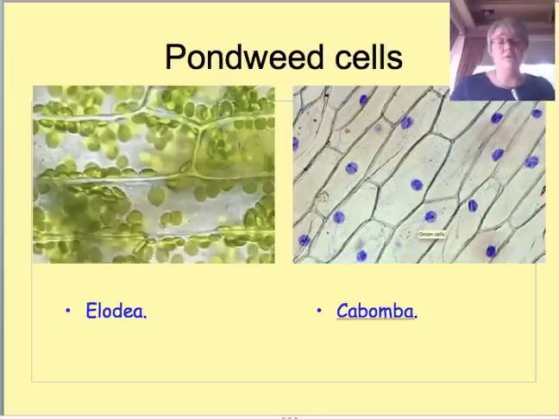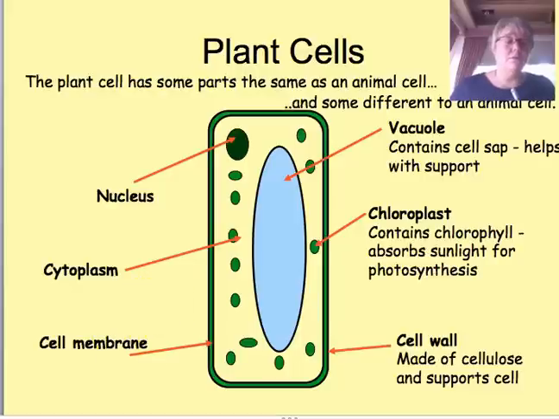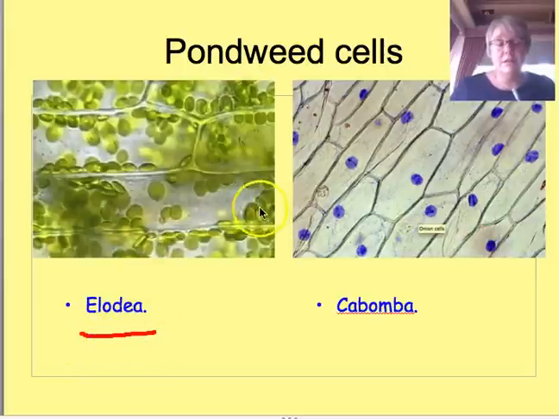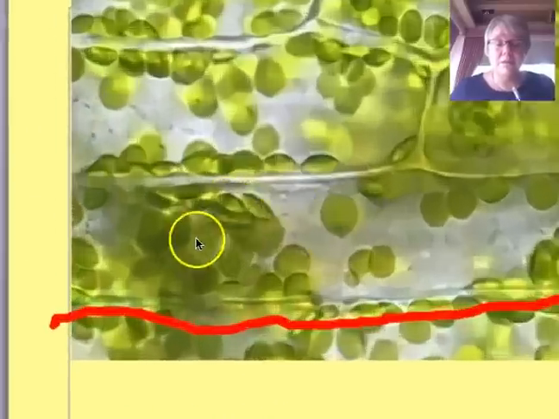Now here we've got some cells underneath the microscope. We've got a plant cell called Elodea. That's a pondweed, and if you have a wee look here, I'm not very good at drawing it, but along here is the cell wall and the cell membrane.